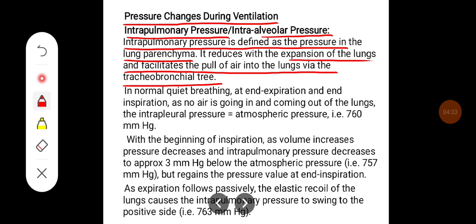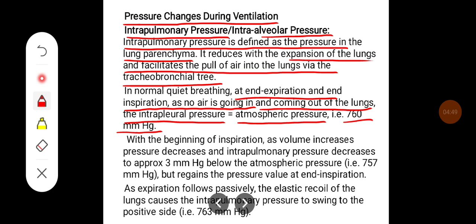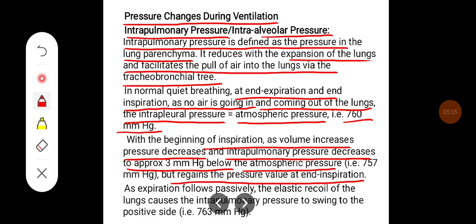In quiet breathing, at the end of expiration and end of inspiration, as no air is going in and coming out of the lungs, the intrapulmonary pressure is equal to atmospheric pressure, that is around 760 mm of Hg. With the beginning of inspiration, as the volume increases, pressure decreases and intrapulmonary pressure decreases to approximately 3 mmHg below the atmospheric pressure, but regains the pressure value at the end of inspiration.